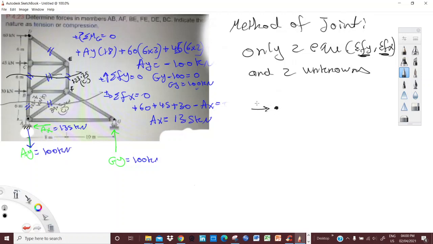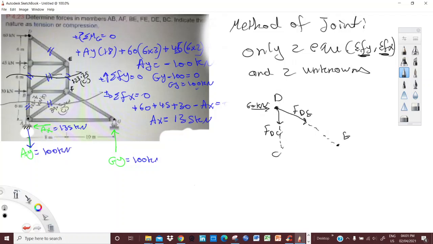Okay, we have the external force of 60 kilonewton, and we have a downward force, which is FDC, and here we have a force, which is FDE. Let's continue.